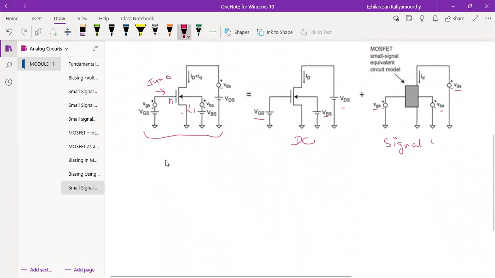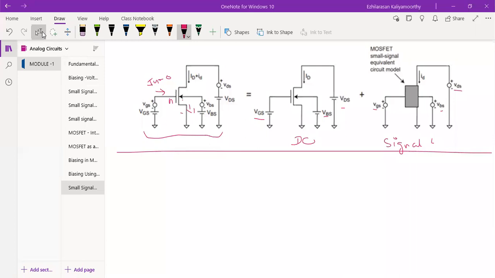So now let us start with the DC bias point first.